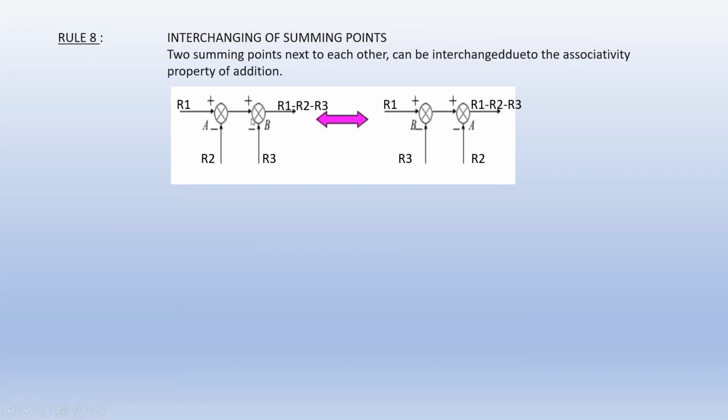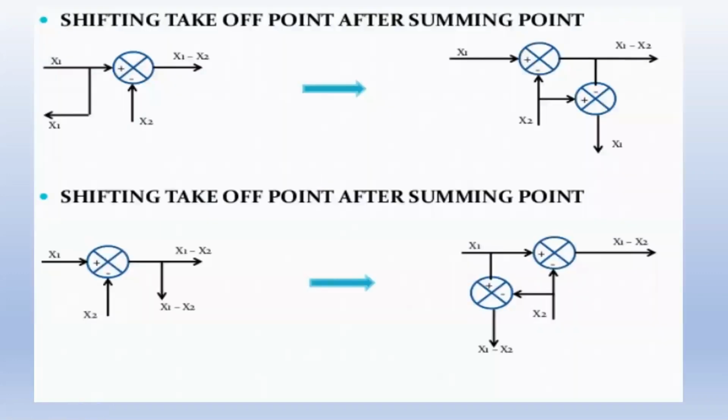So we can interchange these summing points without doing any manipulation in this network. This is how rule 8 works.